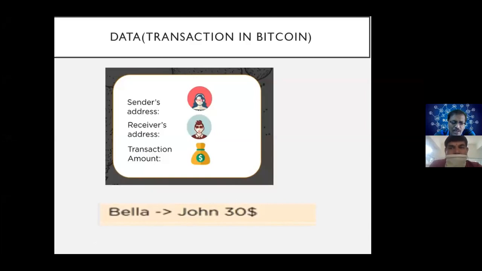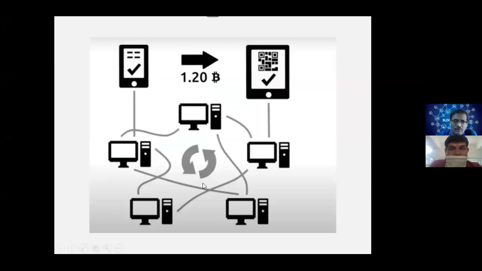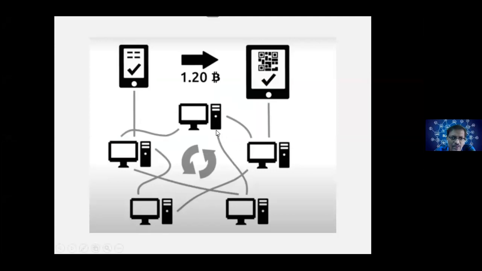Where do we get this transaction from? If we assume this is a Bitcoin network, here we have a sender and here we have a receiver. When a sender tries to send 1.20 Bitcoin to a receiver, this is a transaction.